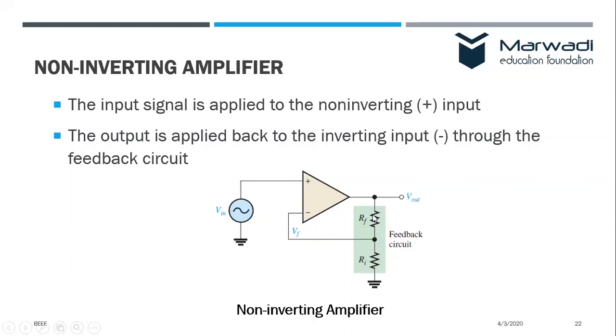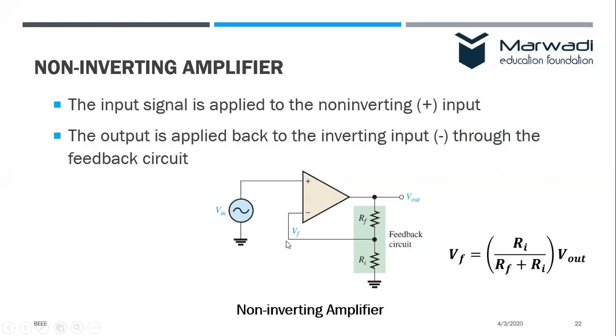It is a voltage divider circuit, right? So we have an output voltage between V out and the ground, and then we have a voltage divider. So we are going to get some part of the total output back to the input again, and that is given to the inverting terminal, right?